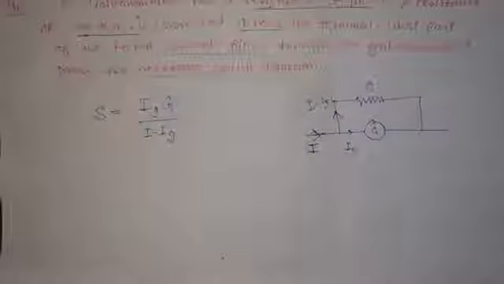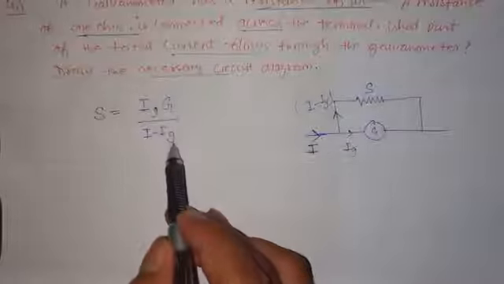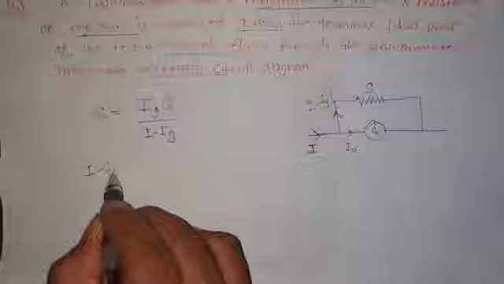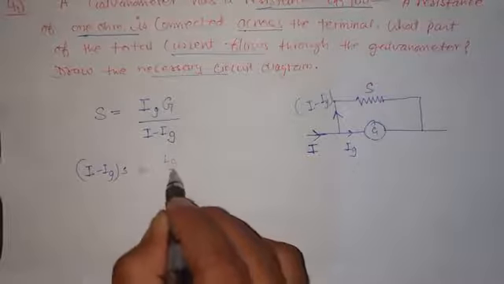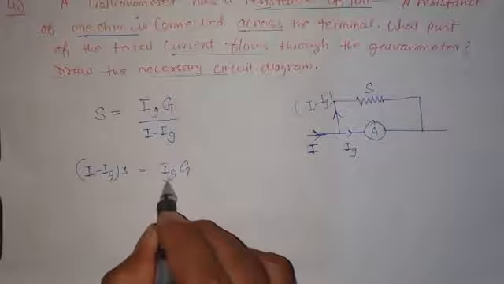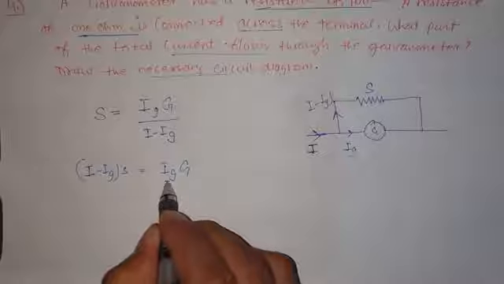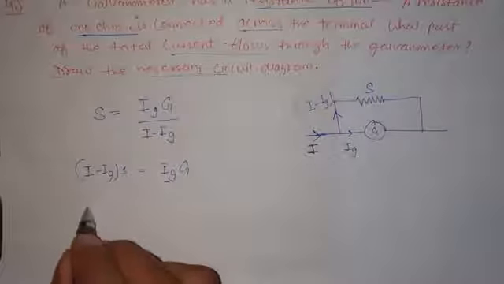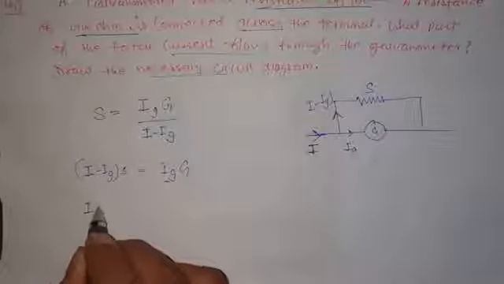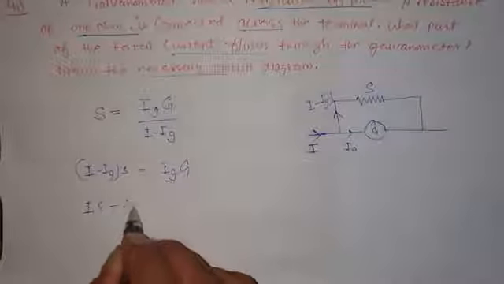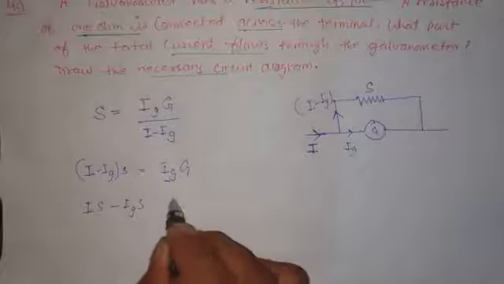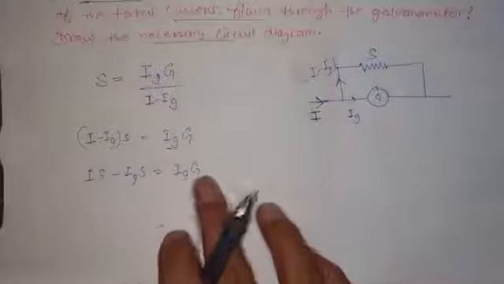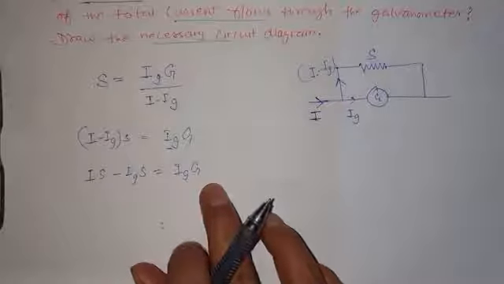For this purpose we can look over here, take it to the left. So it is (I minus Ig) into S, which is equal to Ig G. Our demand is to find out this Ig. Okay, so we can do this multiplication inside the bracket. It is IS minus IgS, which is equal to Ig G. So collect all the terms which have Ig with them.